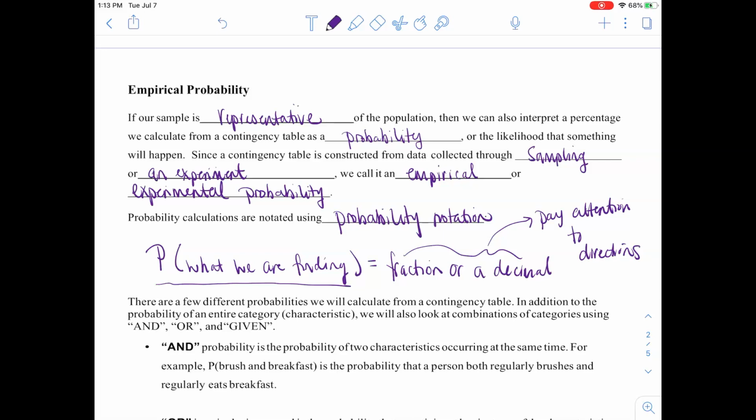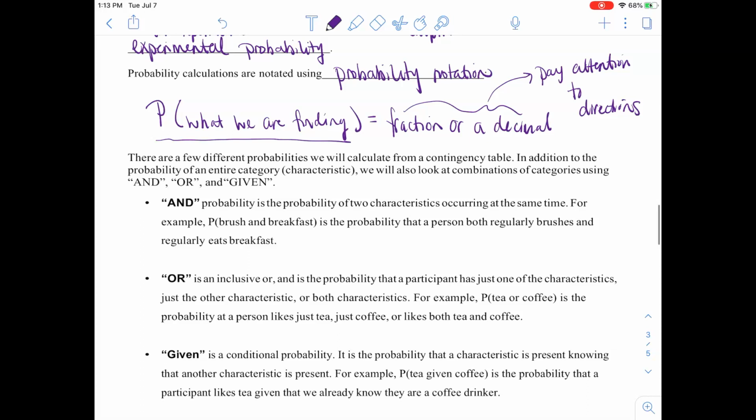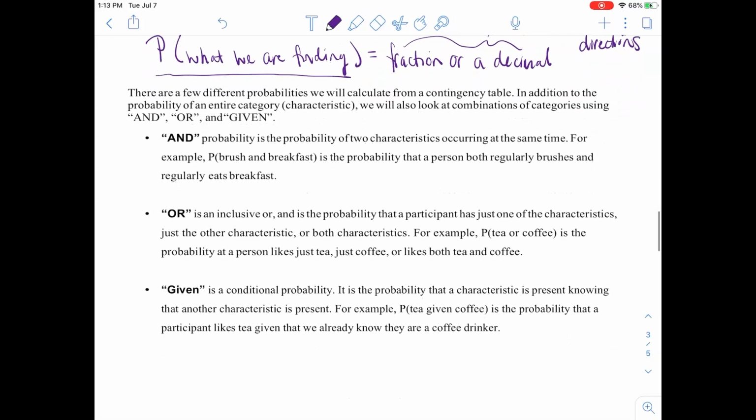All right. There are three things I want to cover, and then we'll do an example. This is an and probability, and that means, just like your truth tables, when the things happen at the same time. In other words, they have to both be true in order to be true. So the and is where they are both happening.